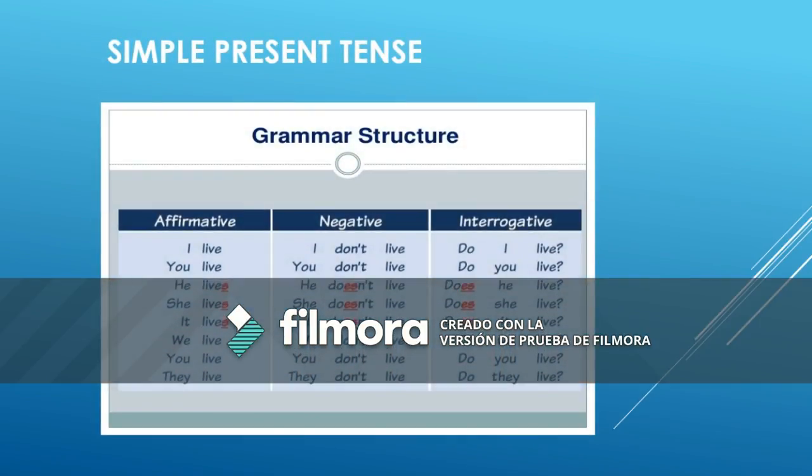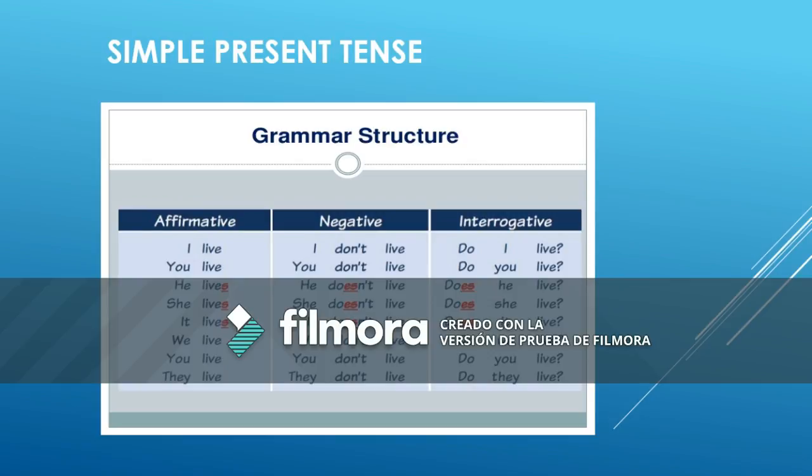Simple present tense. The simple present is used when we talk about usual and repeated actions and particular and general truths. This is an example of a grammar structure: affirmative, negative, and interrogative. Affirmative: I live, you live, he lives, she lives, it lives, we live, you live, they live.